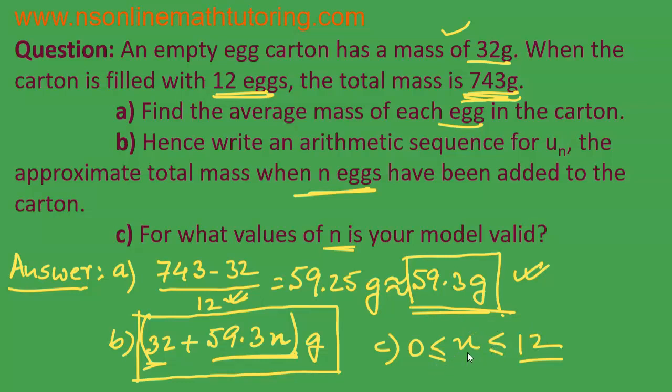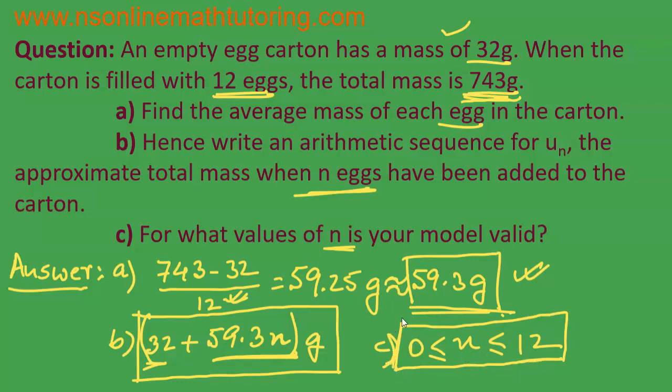Therefore, the possible values of n for which this model is valid is n ranges from 0 to 12. So this is our answer for the subpart C.